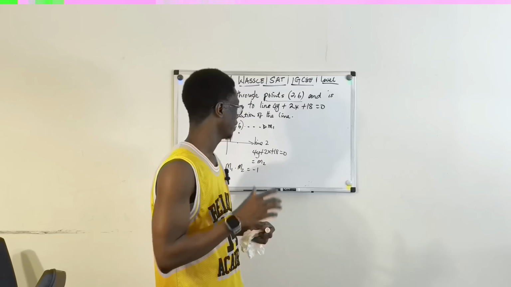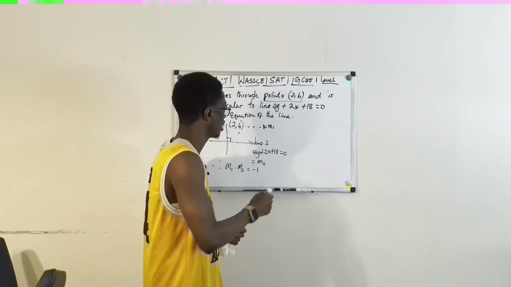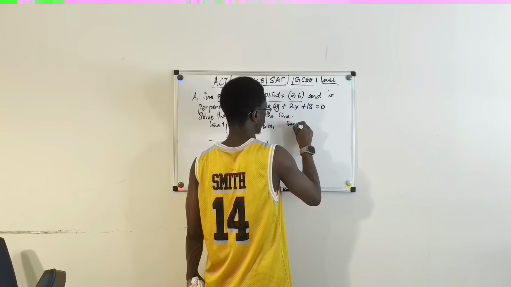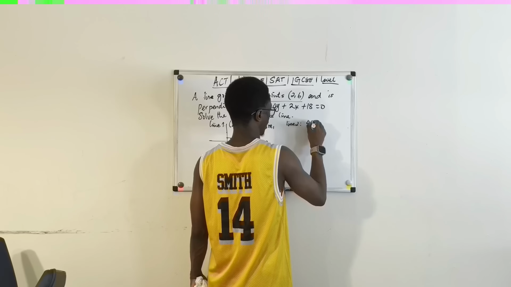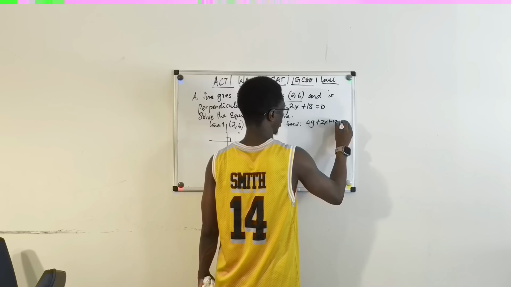Once you know that, this becomes easy. First of all, we have to find the slope here. We are given line 2, which has 4y plus 2x plus 18 equals 0.